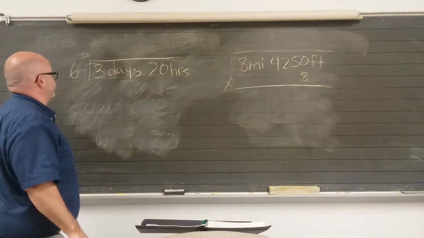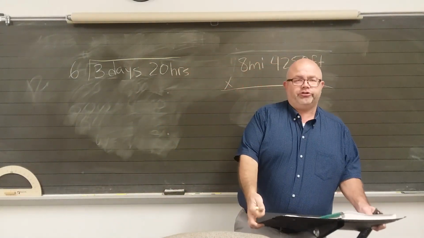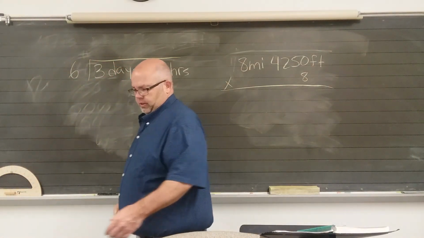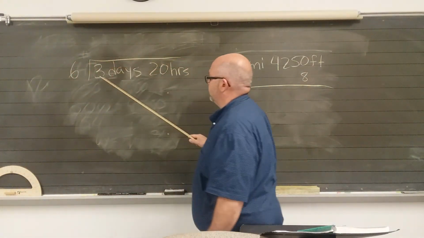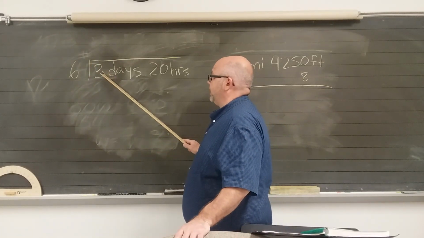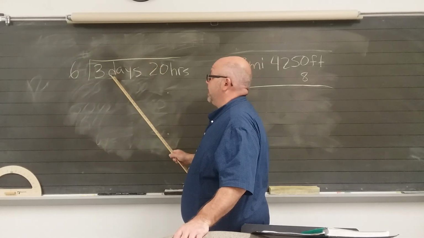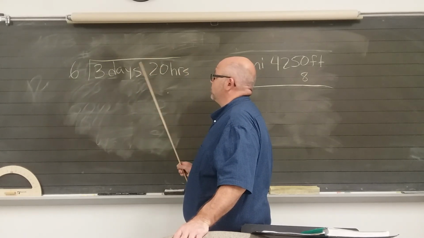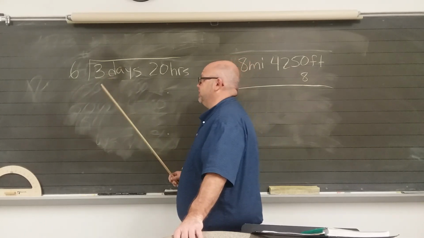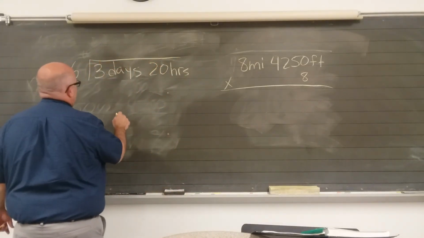Do the division one. 3 cannot be divided by 6. Okay, 3 is smaller than 6. So change 3 days into hours right away. How many hours in a day? 3 times 24 is what? 72.